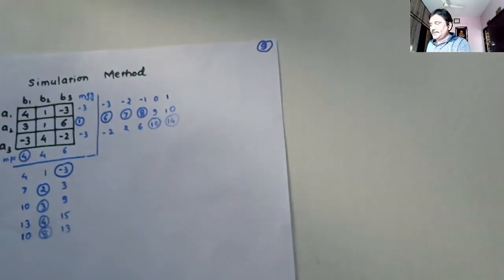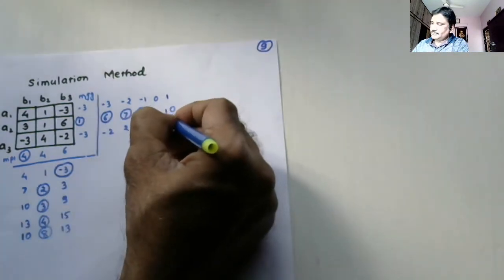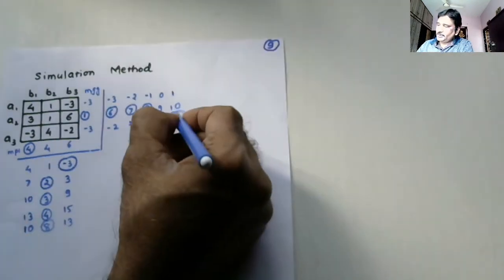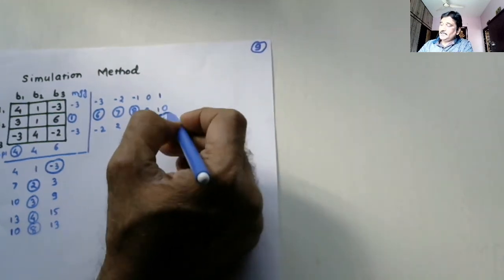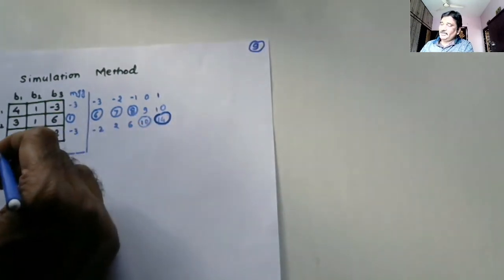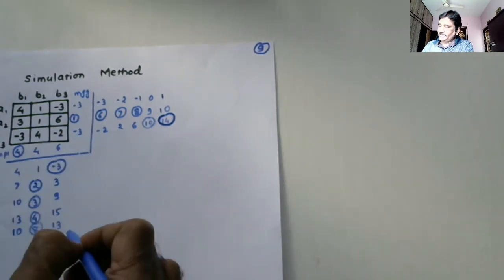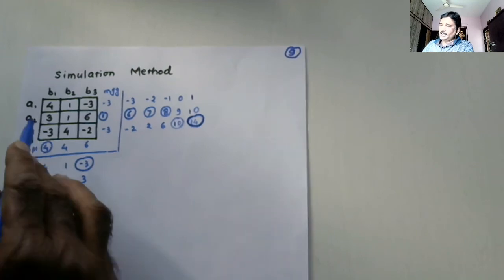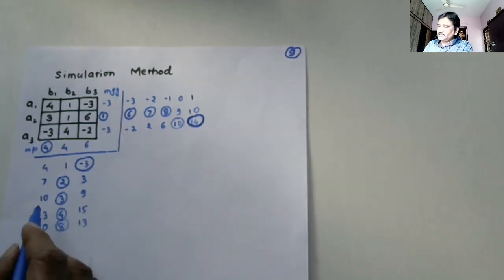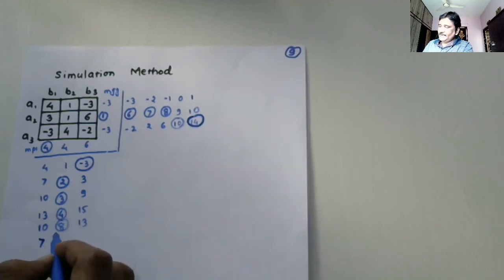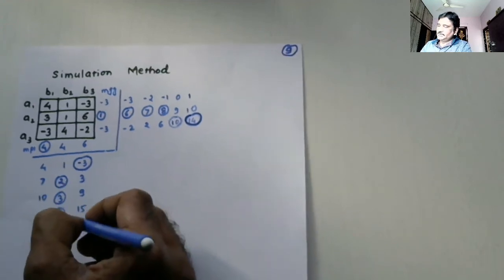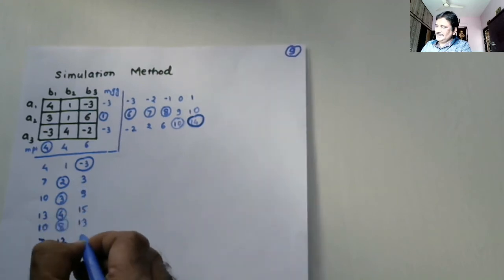Then player A will be playing A3, and these values will now get added to these values, making the loss to player B, depending upon the choices made by player B. So it is 7, 10 minus 3 is 7, 8 plus 4 is 12, and 13 minus 2 is 11.